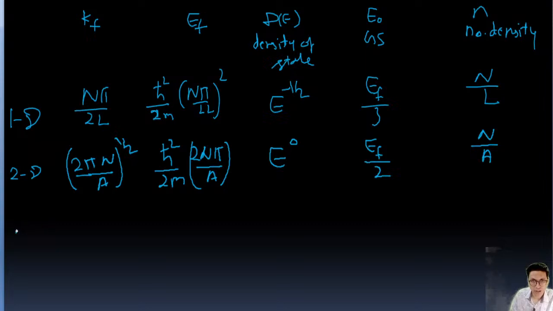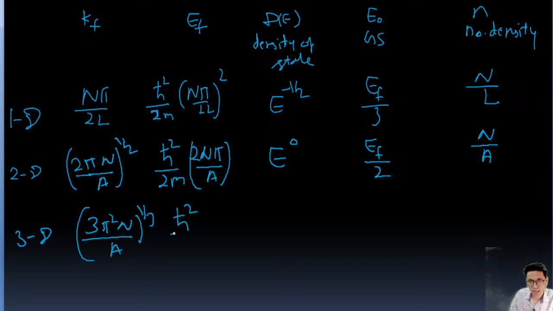If we talk about 3D, KF is going to be (3π²n/V) to the power 1 by 3. This is 1 by 2 and 1 by 3, and this energy value is going to be ħ² upon 2m times (3π²n/V) to the power 2 by 3.